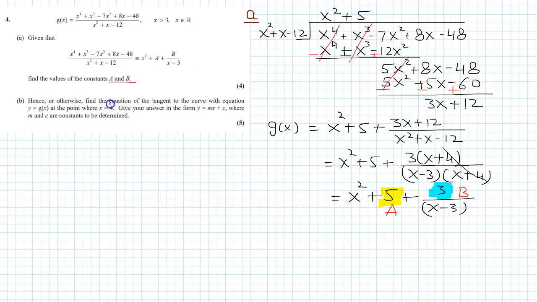Now hence or otherwise, find the equation of the tangent to the curve with the equation y is equal to g(x) at point x is equal to 4. Now we have to find dy over dx. So this is part B. If you differentiate this, it's difficult, but it's very easy to differentiate this.